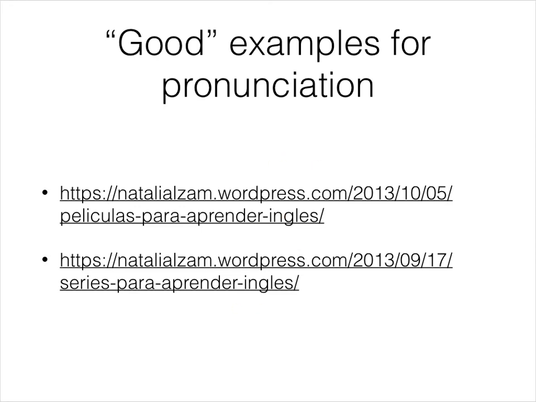These are either films or TV shows, a list of films and TV shows that I made some time ago. I updated the shows the other day. And there you have films or TV shows that are useful for learning English, for improving your listening comprehension, and of course, good examples of pronunciation. If you want to have a look, they're there.